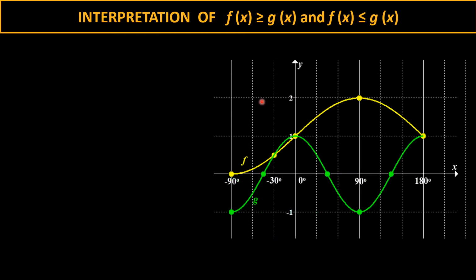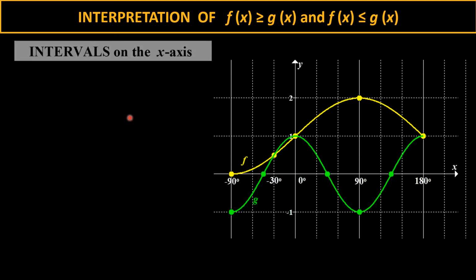Now let's look at this here where we want to interpret f(x) greater or equal to g(x), and we could even have f(x) less or equal to g(x). There we've got the f curve in yellow and the g curve in green, for easy referencing. Here we're going to need intervals on the x-axis. It's similar to the other.